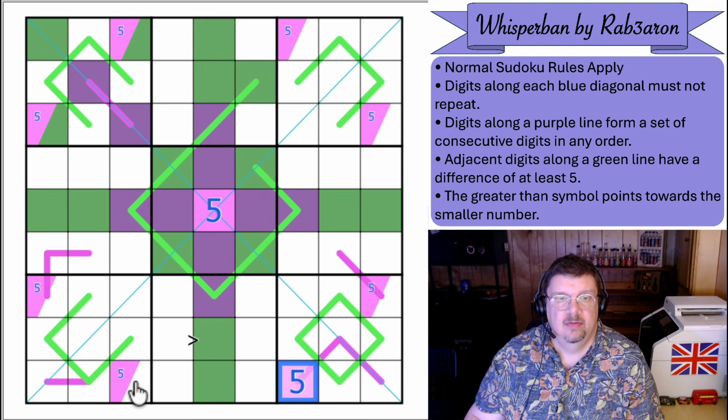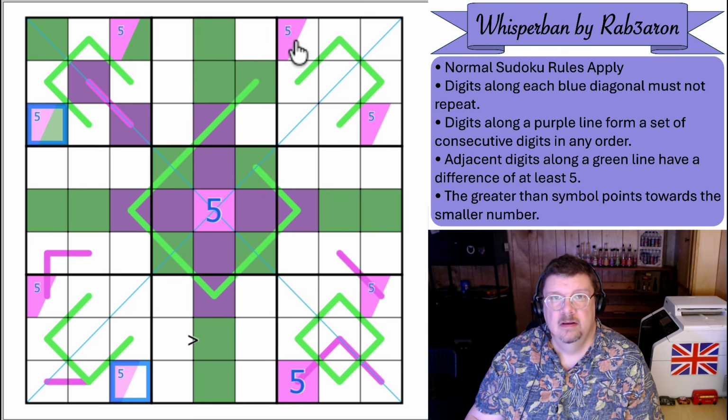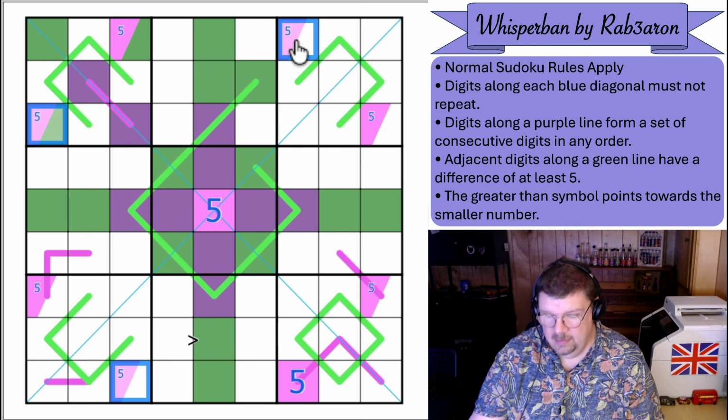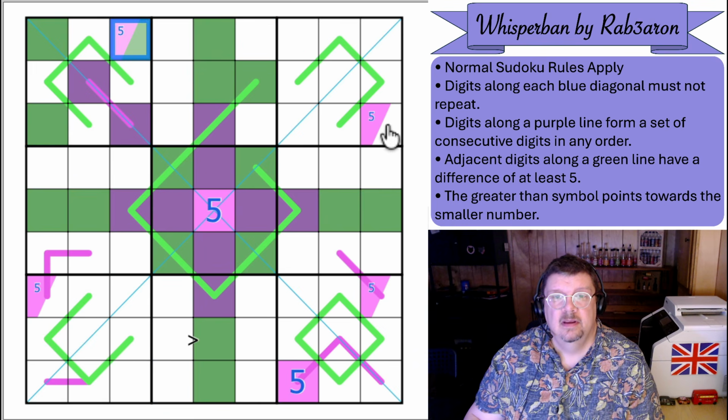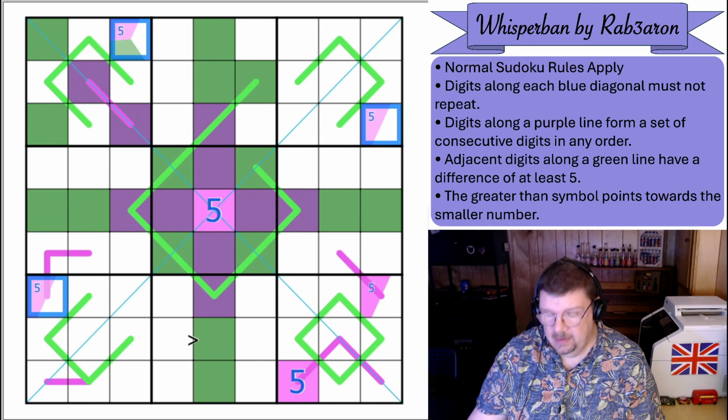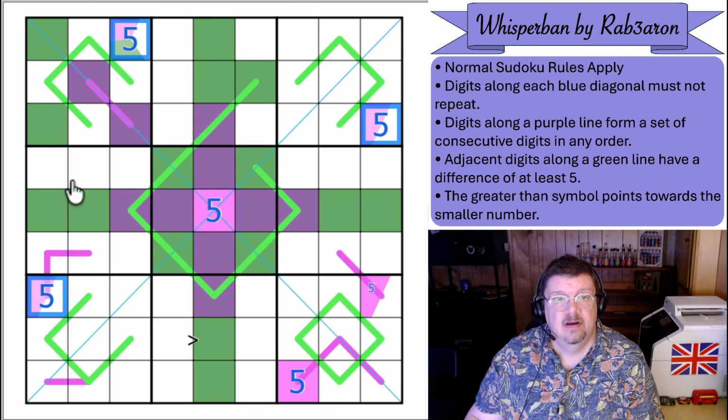Okay, so that means that we remove pink from there, remove the 5s, and oh, I forgot that one. These become pink and 5.